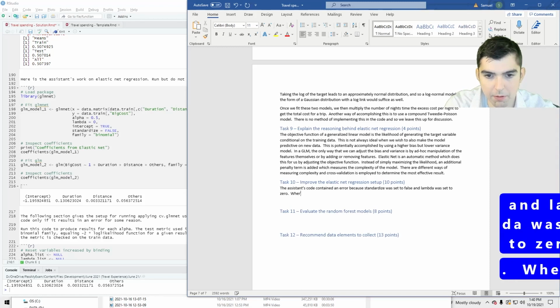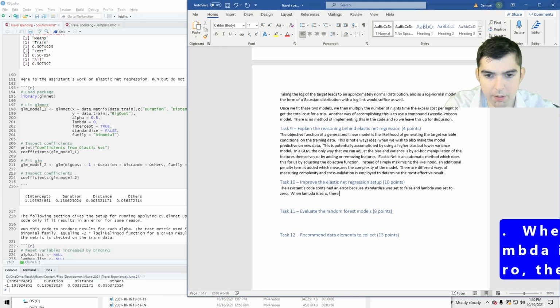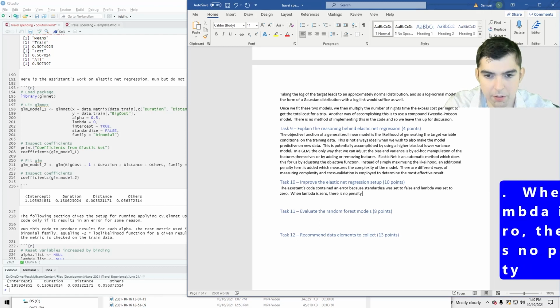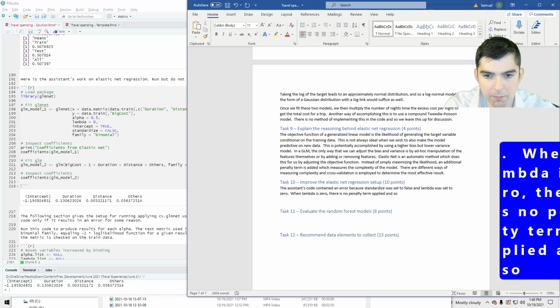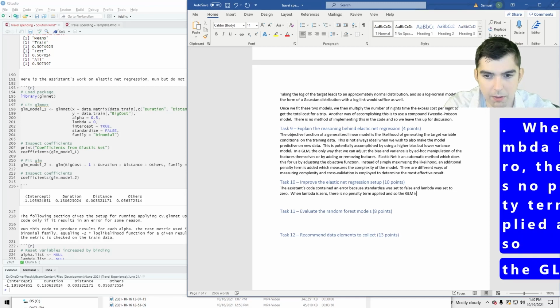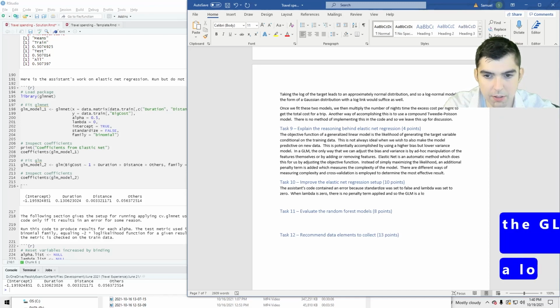When lambda was 0, there is no penalty term applied, and so the GLM is a logistic regression, it's just a logistic regression.